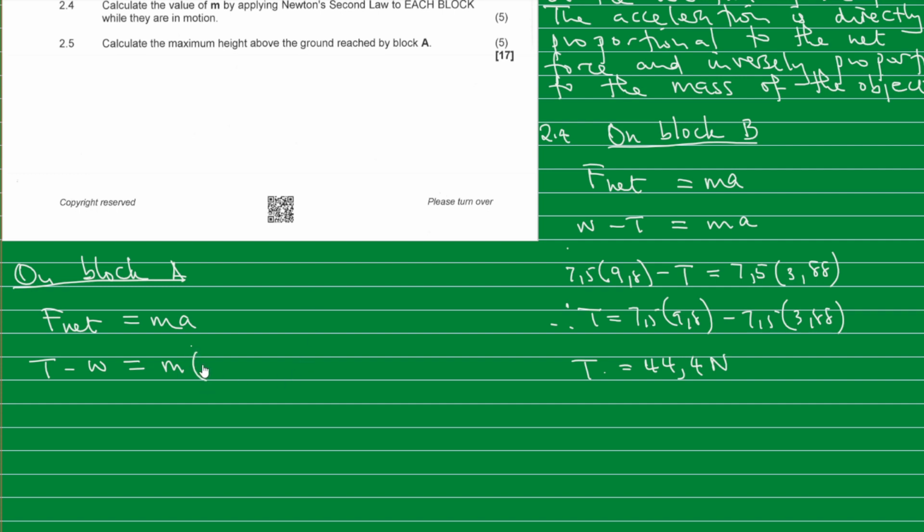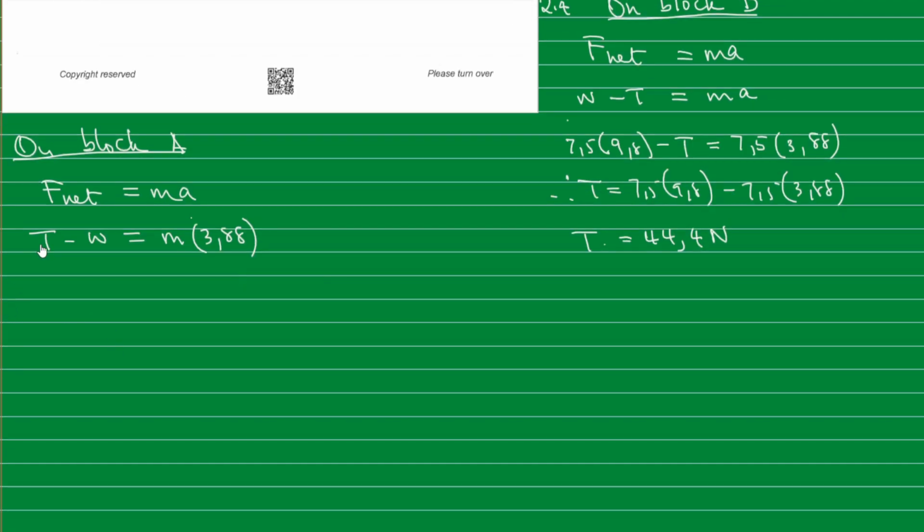Substituting the values in, T we know is 44.4. So this is 44.4 minus weight, which is mg, m being the mass of that particular block, times g 9.8. This is equal to m times 3.88, which is basically 3.88 m.